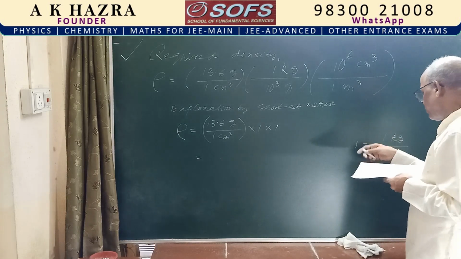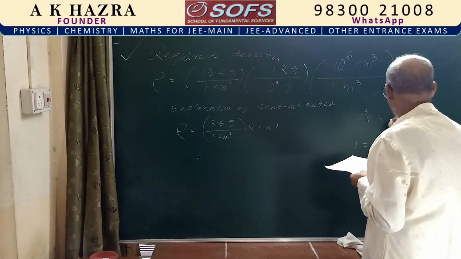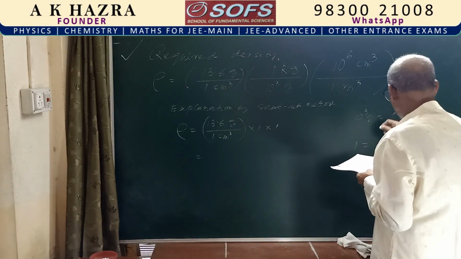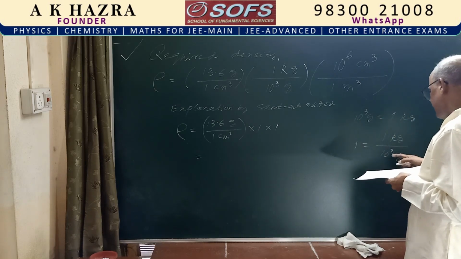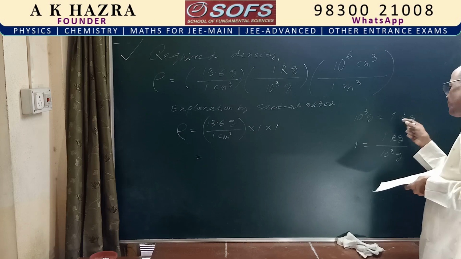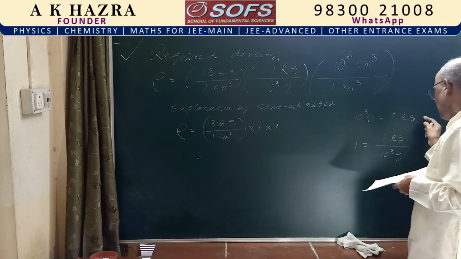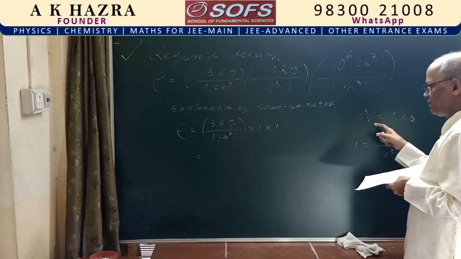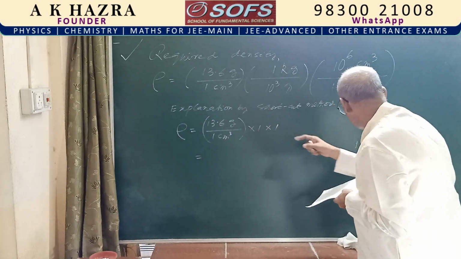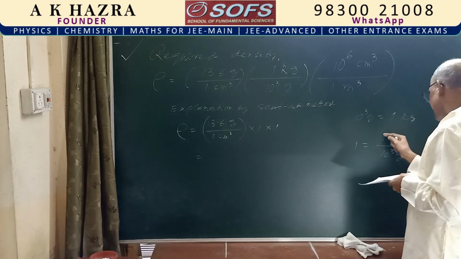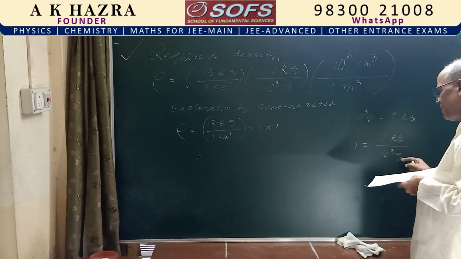Because actually 1000 gram equals 1 kg. If you divide both sides by 1000 gram, 1 equals 1 kg by 1000 gram. If you like to get 1000 gram by kg, divide both sides by 1 kg, so 1 equals 1000 gram by 1 kg. But we need this conversion factor because gram is to be cancelled out and kg will survive, so it appears in the numerator and gram in the denominator.